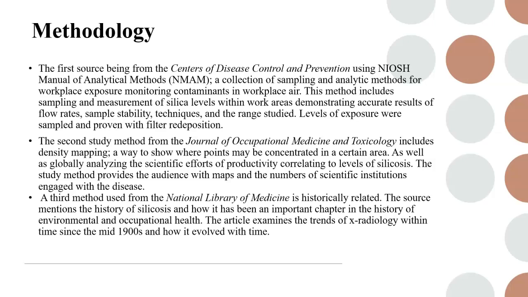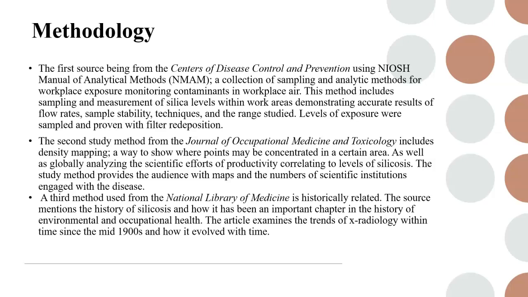The second study method is from the Journal of Occupational Medicine and Toxicology, which includes density mapping, a way to show where points may be concentrated in a certain area, as well as globally analyzing the scientific efforts of productivity correlating to the levels of silicosis globally. The study method provides the audience with maps and the numbers of scientific institutions engaged with the disease as years go by.